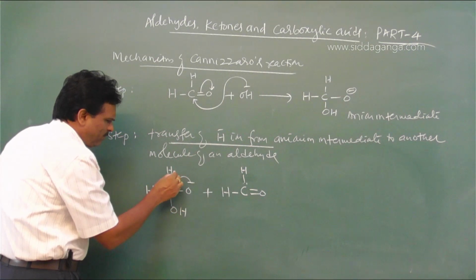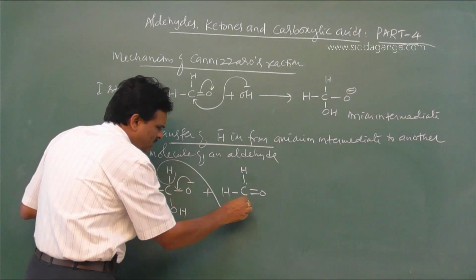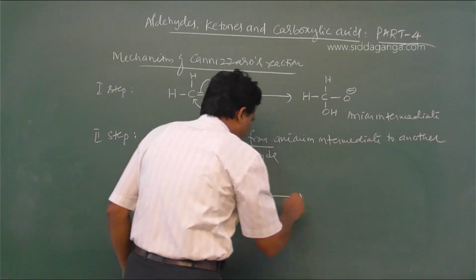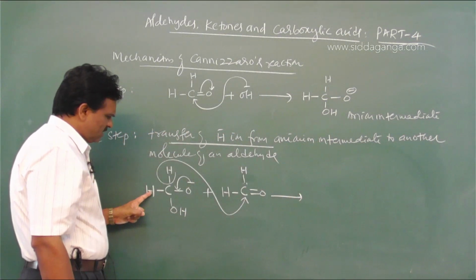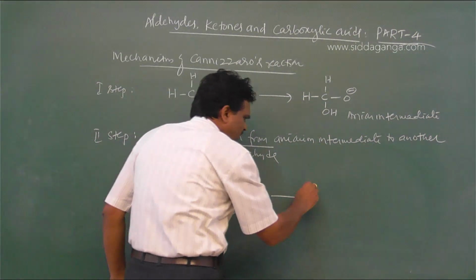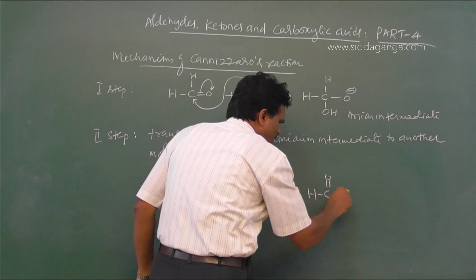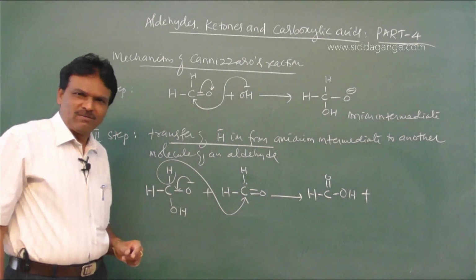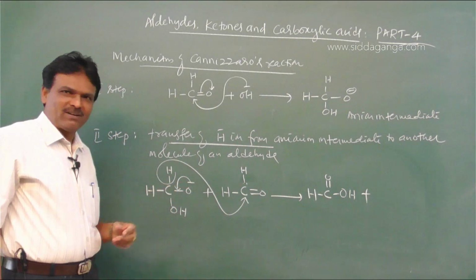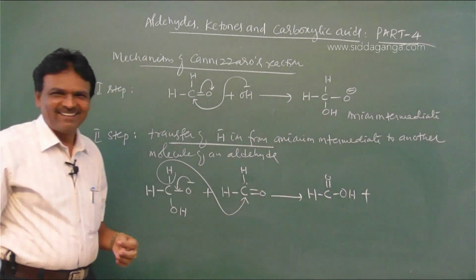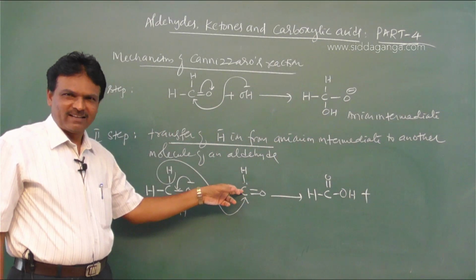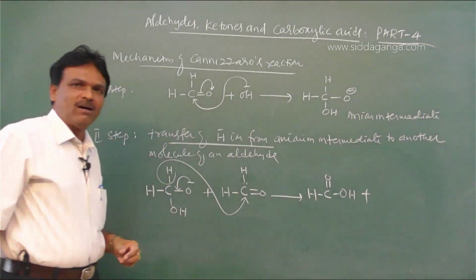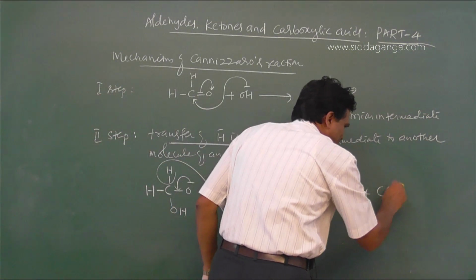This hydrogen atom along with bonding electrons attacks the carbon of another molecule of formaldehyde to form HCOOH, HC double bond O-OH, formic acid. Clear? So in this case we get one molecule of carboxylic acid along with CH3O minus, the methoxide ion.